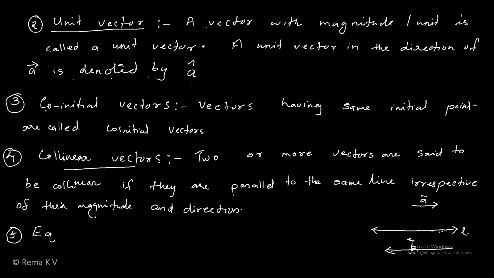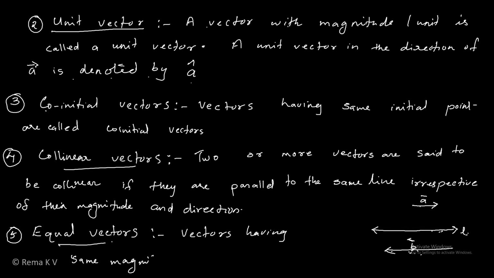Now the next one is equal vectors. Vectors having same magnitude and direction are called equal vectors.